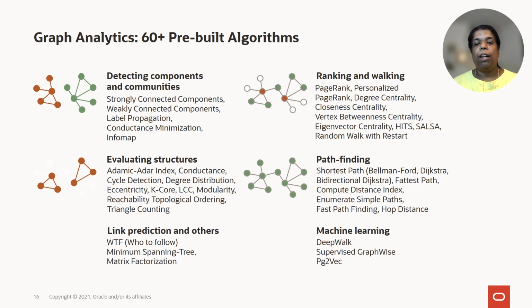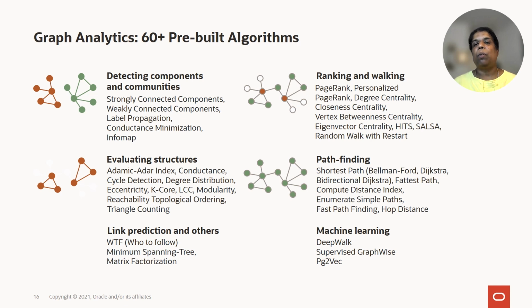Moving on to analytics, graph analytics is a way to analyze the entire graph by running algorithms on the entire graph. Some of these algorithms are run recursively on all the vertices in the graph and so on. So the different categories you have here are a set of algorithms for detecting communities, and a set of algorithms for detecting importance in a node. For example, the PageRank algorithm will detect how important a node is by looking at whether that node or that vertex is connected to other important vertices.